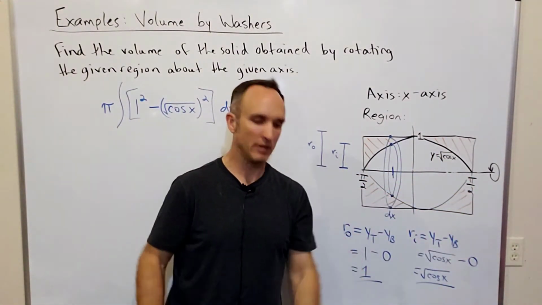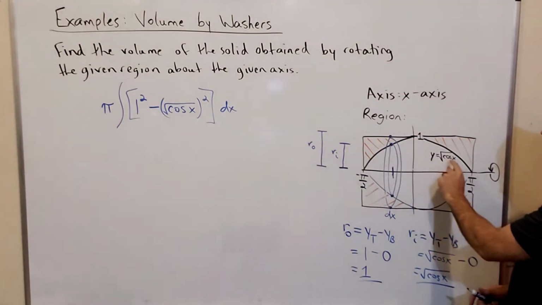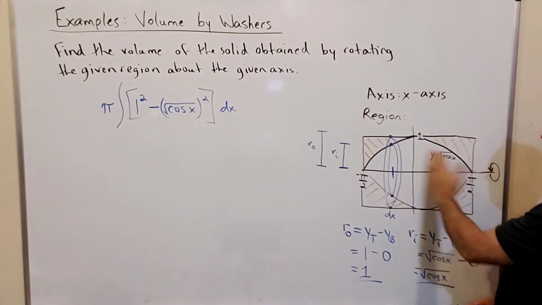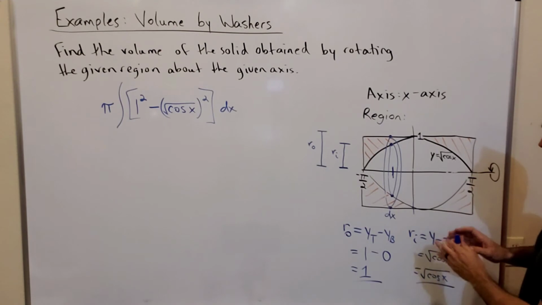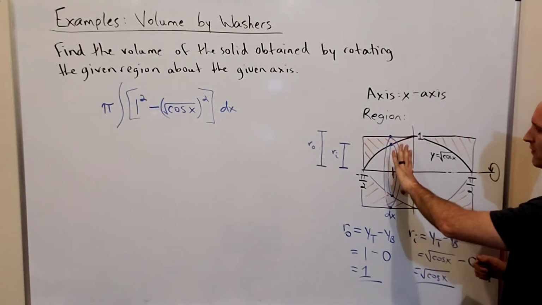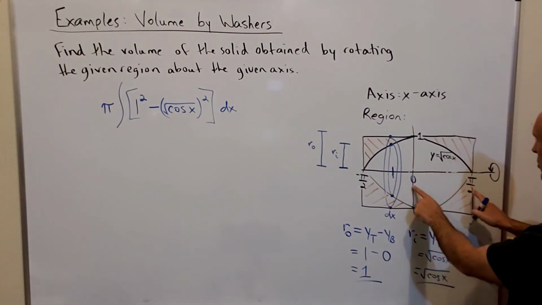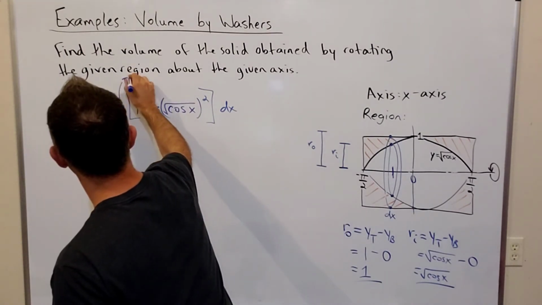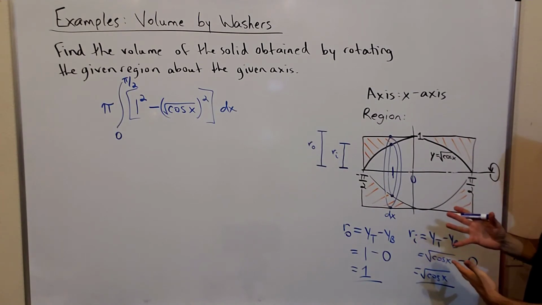We could totally do that like we did the last example. However, we know these cosine functions are perfectly symmetrical across the vertical axis. And so what we can do here is, instead of integrating from negative pi over 2 to pi over 2, we can forget about this left half and just go from 0 to pi over 2, right? 0 to pi over 2 is going to give us the volume of the right half of this solid.